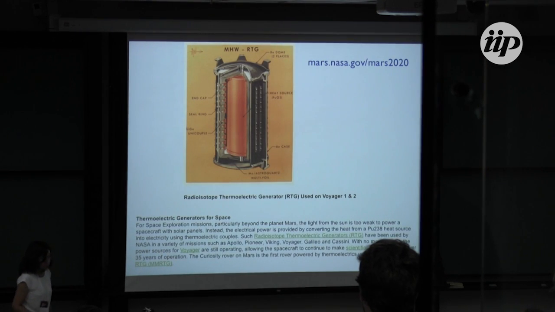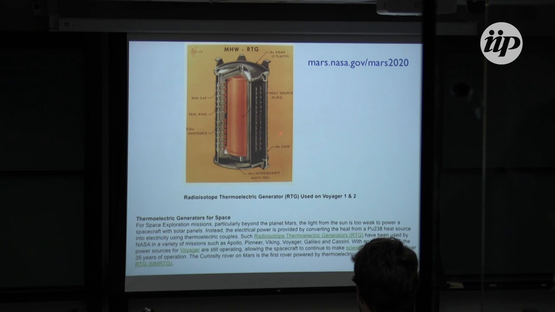The prototype, the star of the examples for the thermoelectric generators, is this one, which is actually used in space, in a spaceship, in this Mars mission. In previous talks, other examples were also mentioned, but this is the star.